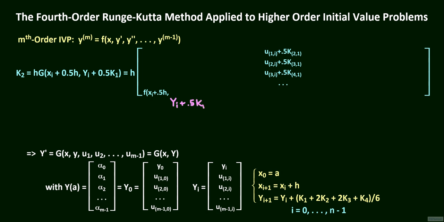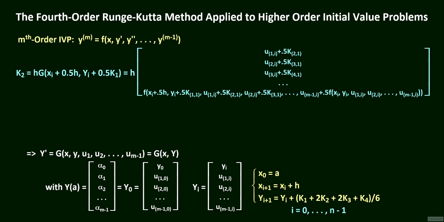The vector y sub I plus 0.5 k sub 1 in coordinate form is lowercase y sub I plus 0.5 k sub 1 1, u sub 1 I plus 0.5 k sub 2 1, u sub 2 I plus 0.5 k sub 3 1, etc., all the way to the very last coordinate, u sub m-1 I, plus half the last entry of k sub 1, which is f applied to x sub I, y sub I, u sub 1 I, etc., all the way down to u sub m-1 I. This last entry of k sub 1 is k sub m1.